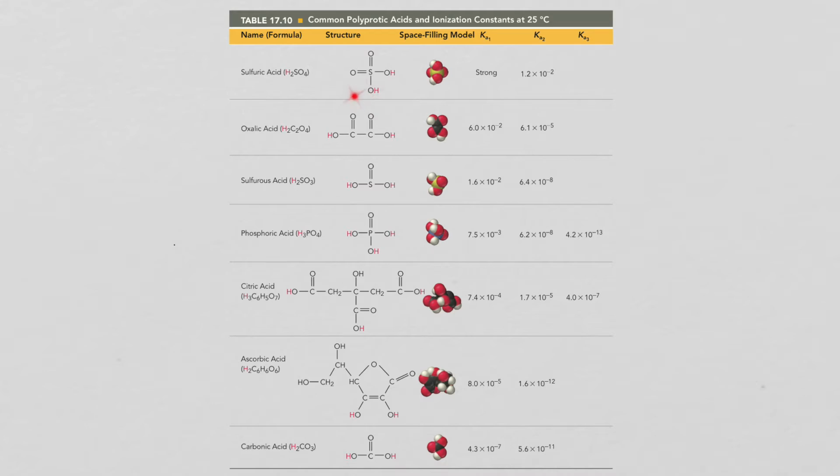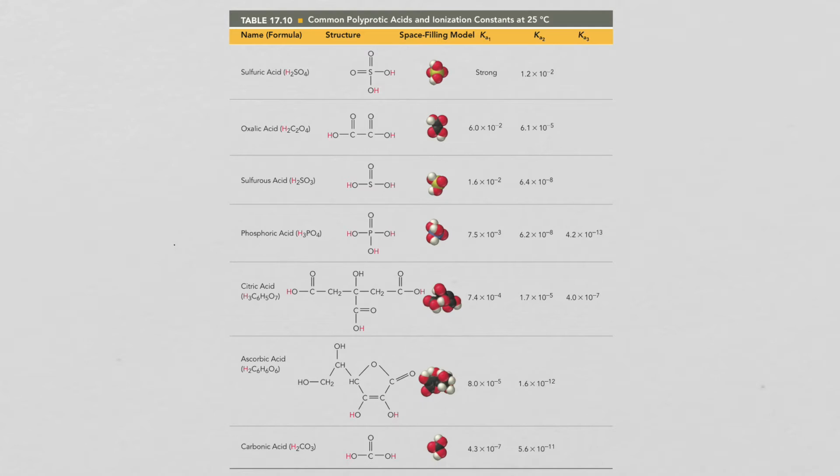That oxygen is bound to a sulfur, and that sulfur has two double bonded oxygens and a single hydroxyl group. So this hydrogen and this hydrogen, they're both experiencing the same attraction to the rest of the molecule, until one of them leaves, then there's a negative charge and there's more of an attraction.